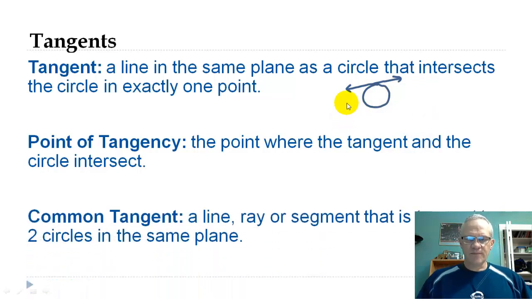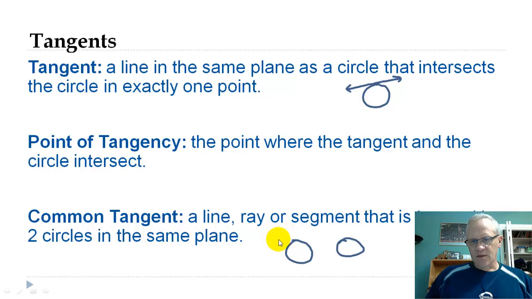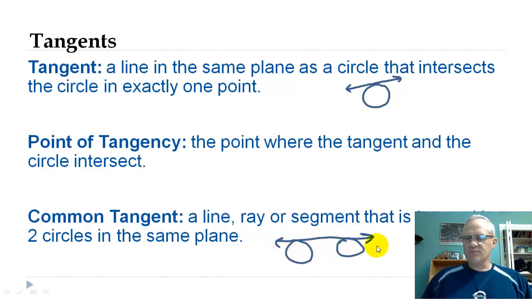And then the other thing is a common tangent, and all that means is if you have two circles, like this, that you can draw a line that will be tangent to both of these at the same time. So for example, here we could draw one, something like that. And there are some other ones here too that we could do as well.